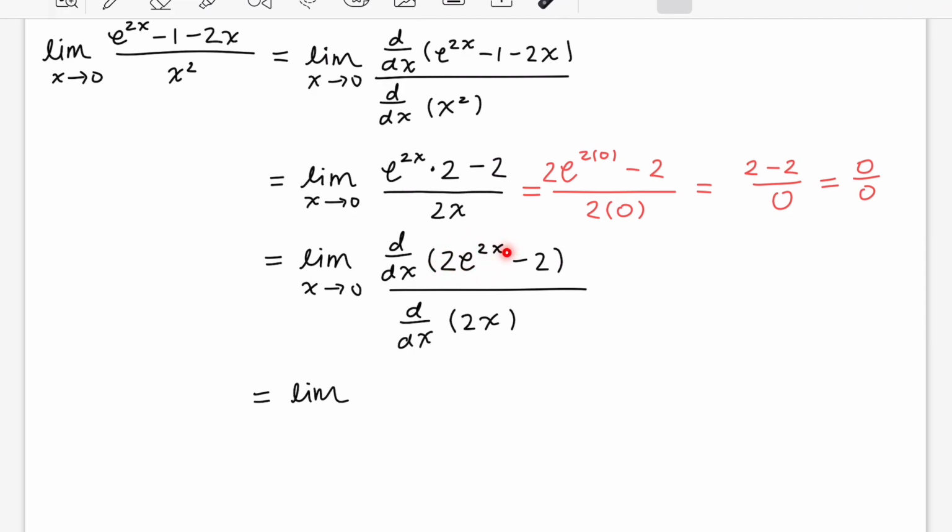Okay, so we're going to take the derivative of this guy. So we just have this constant multiple out front, so that 2 will stay there. And then remember we have to use chain rule again. Our outside function is e to the x, and our inside function is 2x. So the derivative of our outside function is just e to the 2x, and the derivative of our inside function is 2. Then the derivative of minus 2 is just 0. And the derivative of 2x on the bottom, that's just going to be 2.